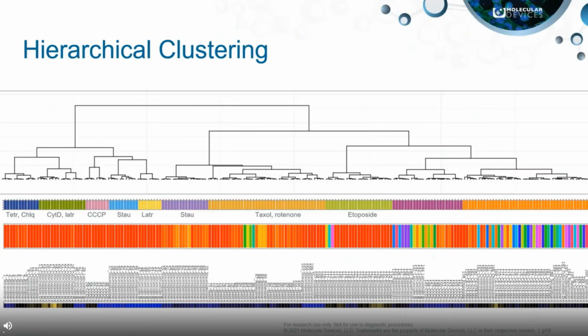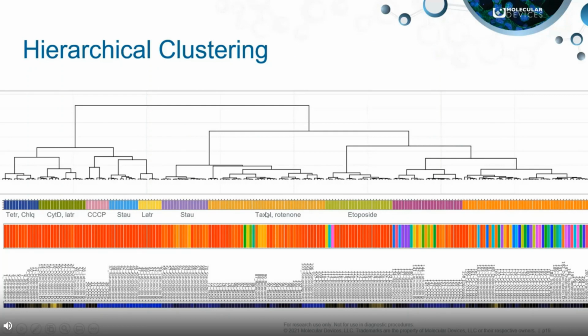Hierarchical clustering can also be performed on statistically significant hits based on the selected parameters or calculated factors. Clustering would group your cells with similar phenotypic profiles together. Shown here is a dendrogram that represents the hierarchical relationship between all the significant compounds. There are 10 clusters, each represented by these colored bars.